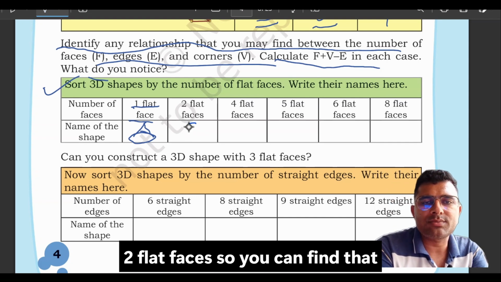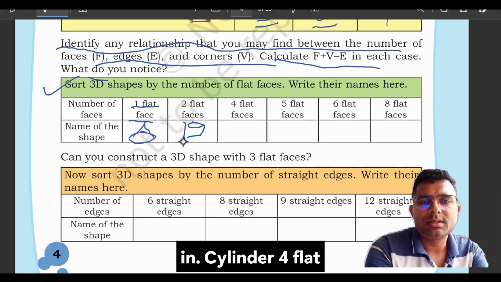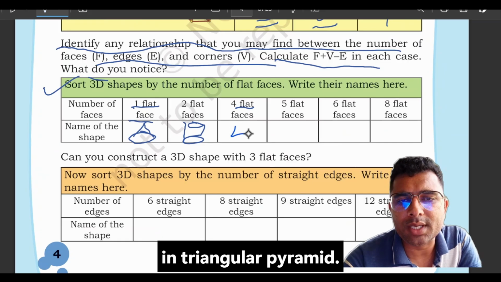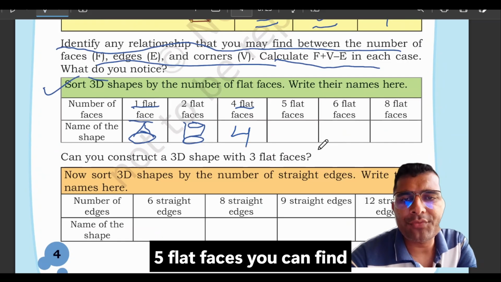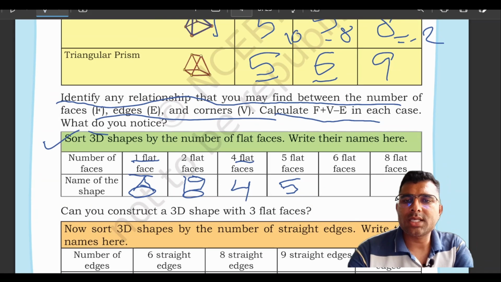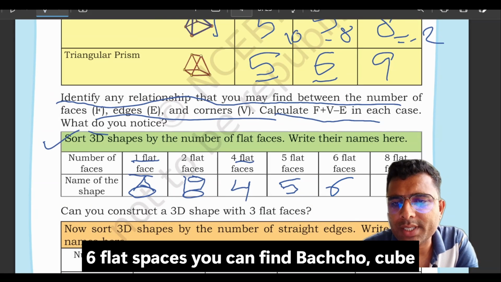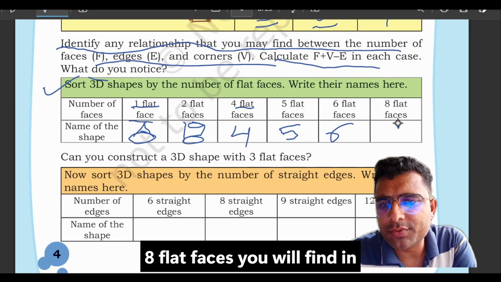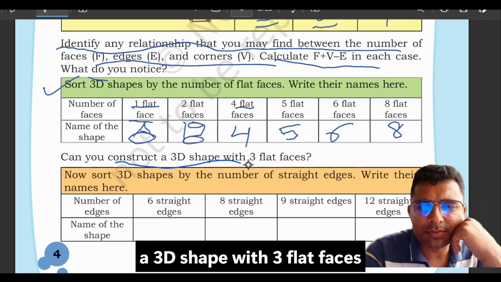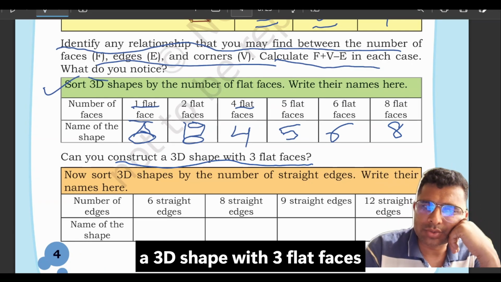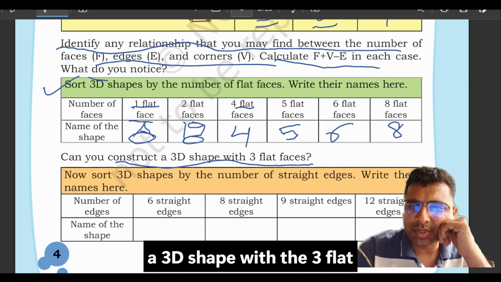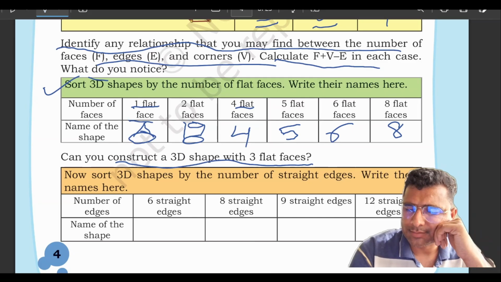Two flat faces, bachcho, you can find in a cylinder. 4 flat faces you can find in a triangular pyramid. 5 flat faces you can find in a square or rectangular pyramid. 6 flat faces you can find in a cube and cuboid. 8 flat faces you will find in an octahedron. Okay. After this, can you construct a 3D shape with 3 flat faces, bachcho? We can't construct a 3D shape with 3 flat faces.